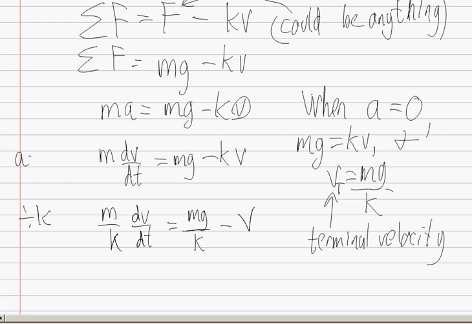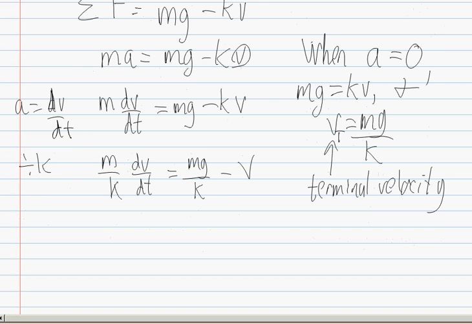Well, we know this is an expression. This is actually a constant. We can call it terminal velocity. So, terminal velocity minus v equals m over k dv/dt.